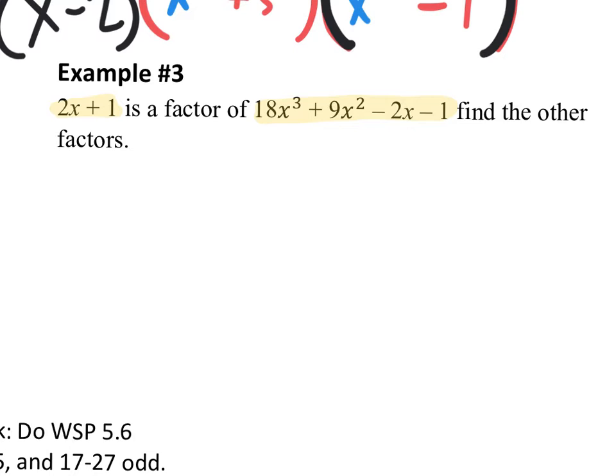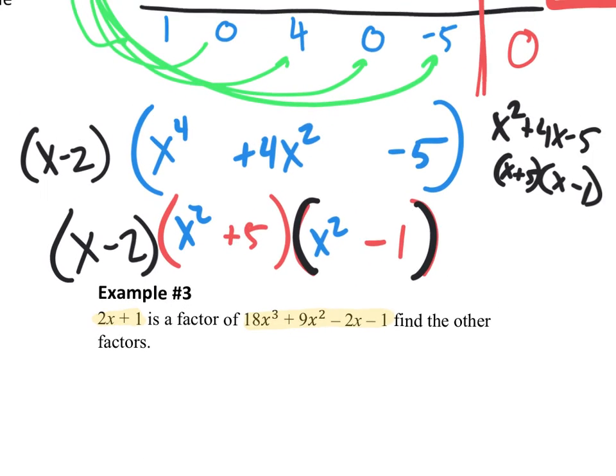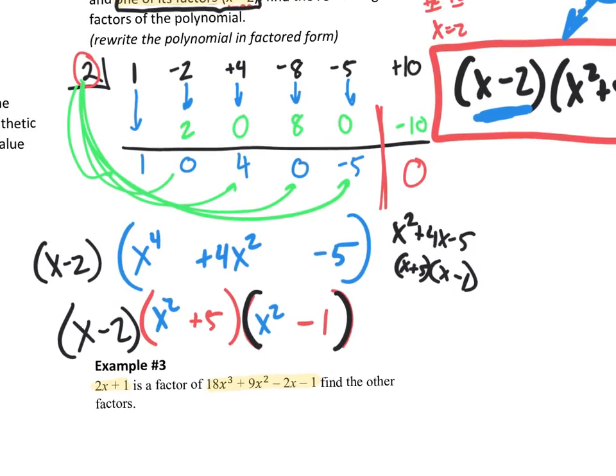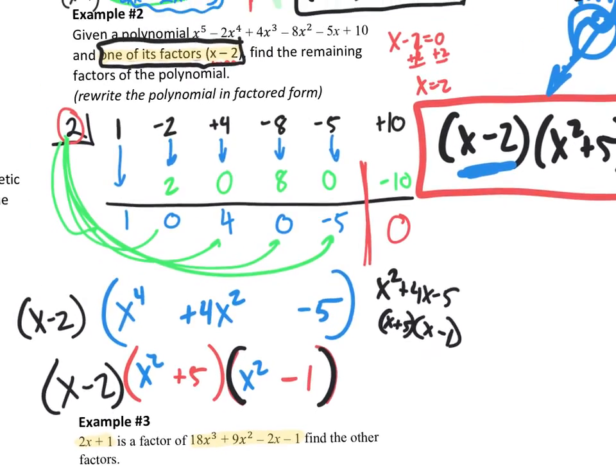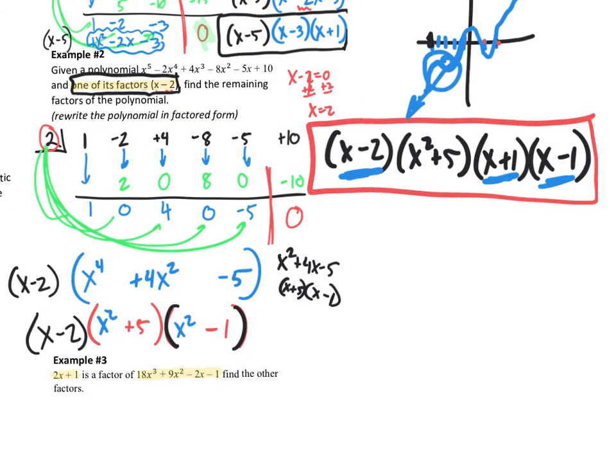Now, the reason why I've always said just think opposite of your constant is because we had no other number right here. Okay, so let's get this straight, guys. Before we actually jump into example 3, let's go back up to the previous one. Now, this fifth degree polynomial, we factored it to all of this.